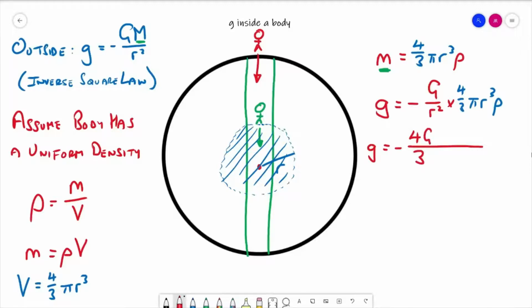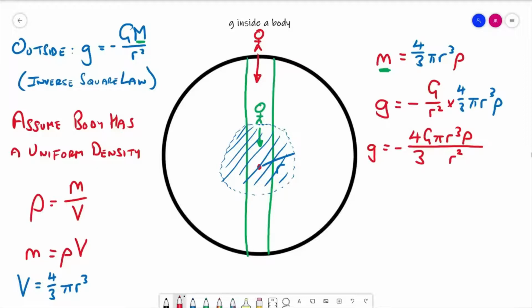We've still got the G, obviously we've got pi r cubed and rho, and on the bottom we've still got the original r squared, which I'm going to draw there just to show you that we've got r appearing in some way, shape or form on both the top and the bottom of this equation.